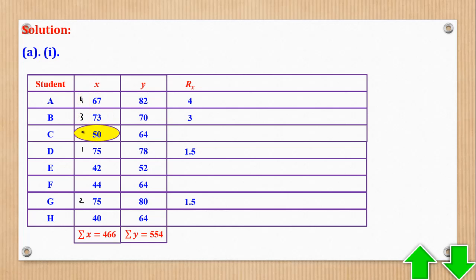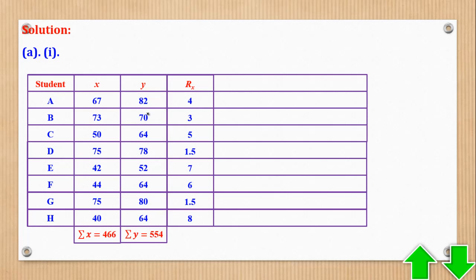Next is 50, which is position 5. Next is 44, which is position 6. Next is 42, which is position 7. And lastly 40, which is position 8. So that's the ranking for X.